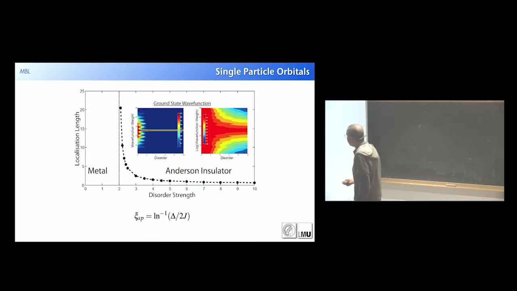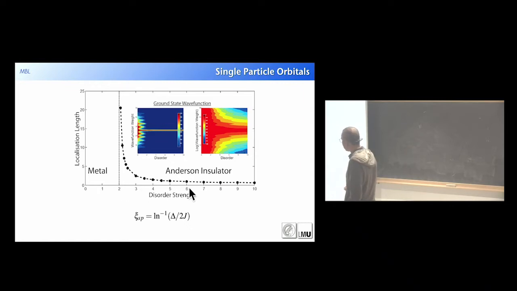And this is what you can see here. For example, I plot the wave function weight on the different lattice sites as a function of the disorder strength. You can see you have these extended wave functions for low disorder, and as soon as you cross this 2-point, kaboom, this goes into the exponentially localized wave function. This transition happens exactly at delta over J equals 2.